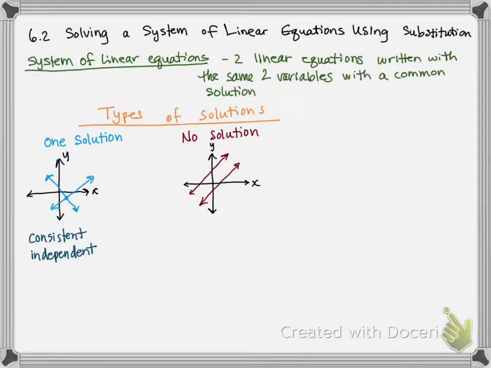So parallel lines, that's not what we expect, okay? So we say this is called inconsistent, not consistent. It's not consistent with our expectation. We expect two lines to intersect with each other, okay? So this is no solution, okay?